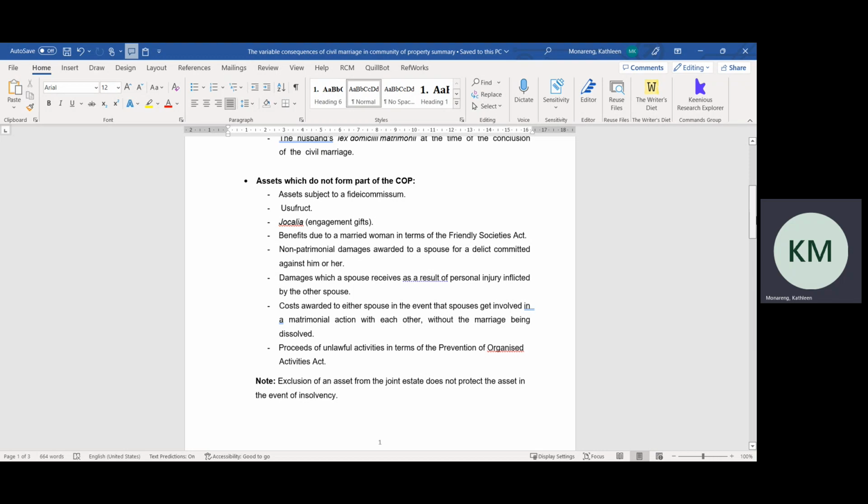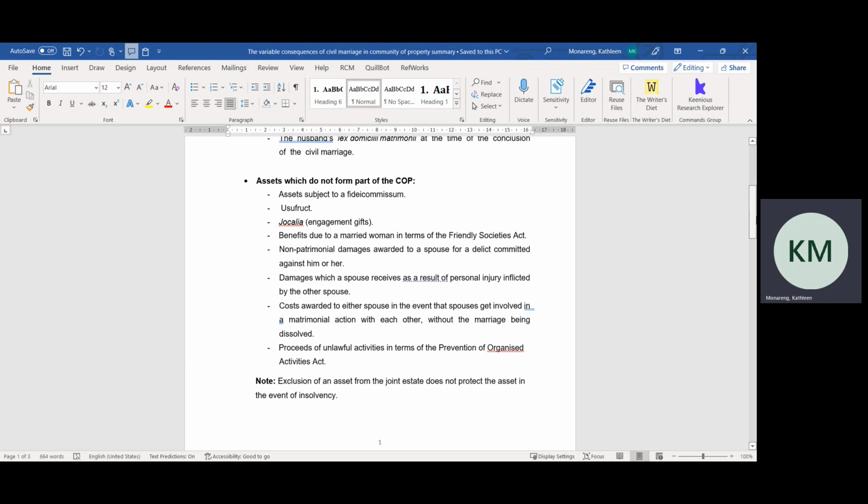Here it is very important to note that the non-patrimonial damages must be acquired while the spouses are in a marriage. If they are acquired before the spouses enter into a marriage, these non-patrimonial damages will form part of the COP.